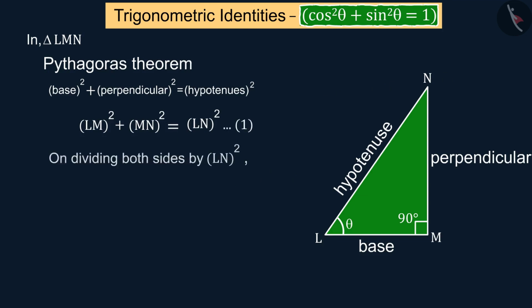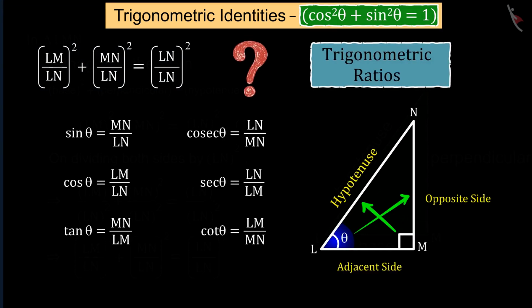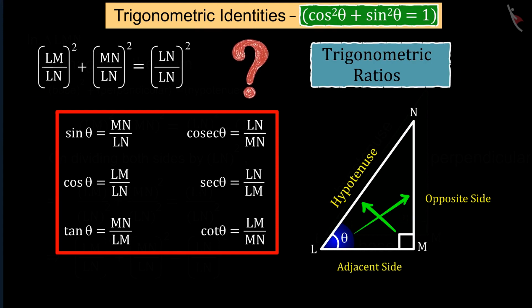And each term of equation 1 is divided by the square of LN. Can you use trigonometric ratios in this equation along the theta angle?